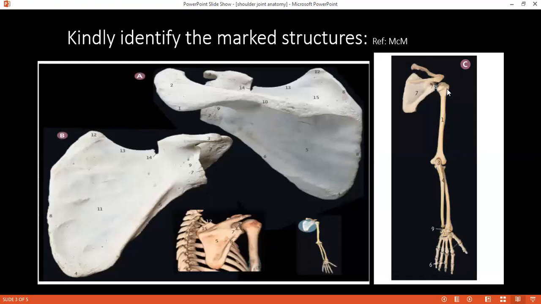This is the shoulder girdle in picture C. Can you please tell me how it is formed? Okay. The shoulder girdle is formed by the articulation between the glenoid cavity and the head of the humerus, and a joint between the clavicle and the scapula. Can you please tell me what structures are attached to the coracoid process?